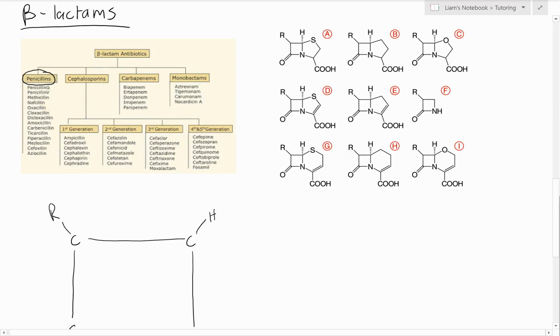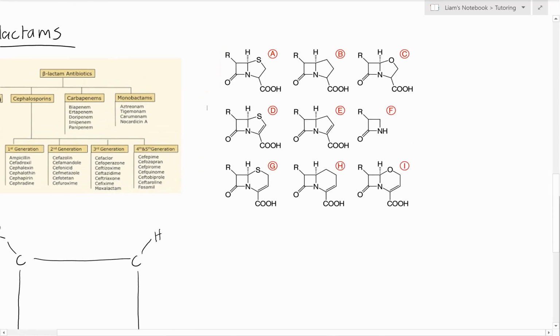Methicillin for one, if you've heard of MRSA, Methicillin-Resistant Staph Aureus. We'll cover that in a little while. Amoxicillin is very commonly prescribed. Cefoxitin as well. There's quite a few. Cefalexin is also very common. Ampicillin, very common. Anyway, you guys can read over that in your own time, but just to show, it's a massive class. There are even more available than these.